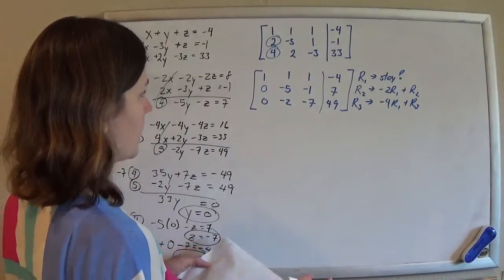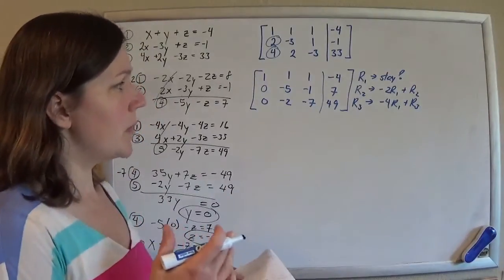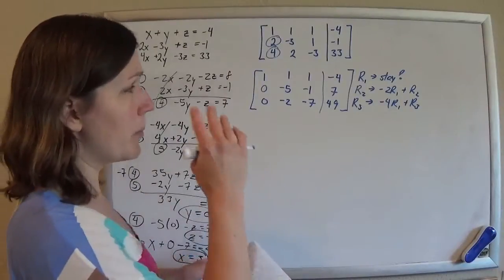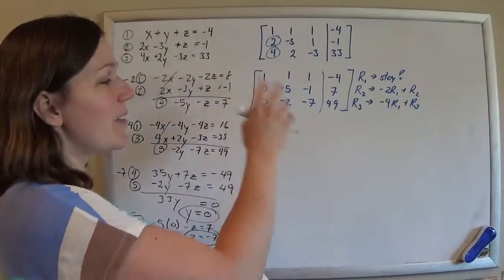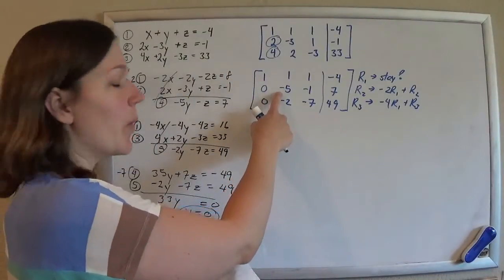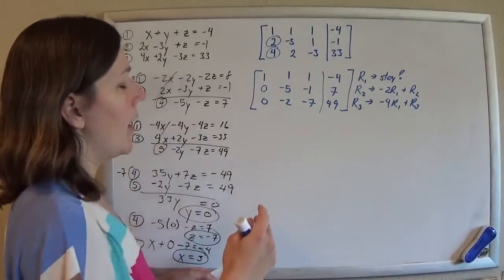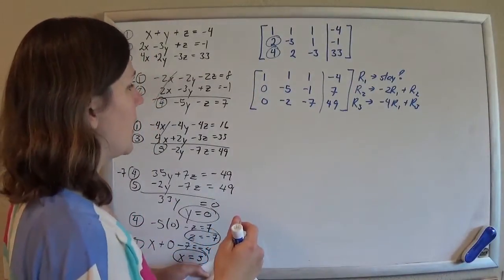We are looking good. Alright, so now, at this point, some teachers and some people say you need to get a 1 there, right? You need to get a 1 there and then do it again. And then you go to fraction land pretty quick, and it kind of is terrible.